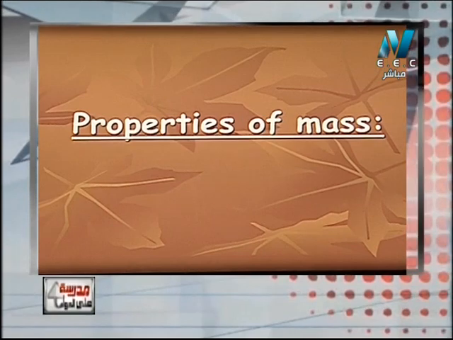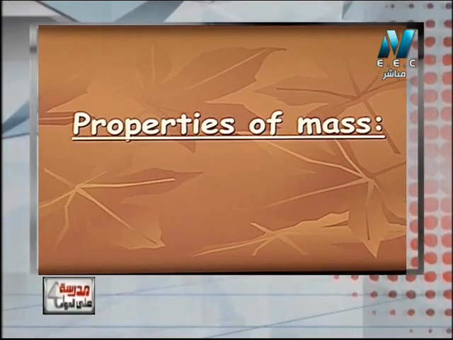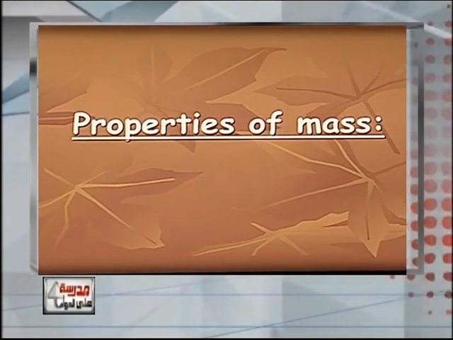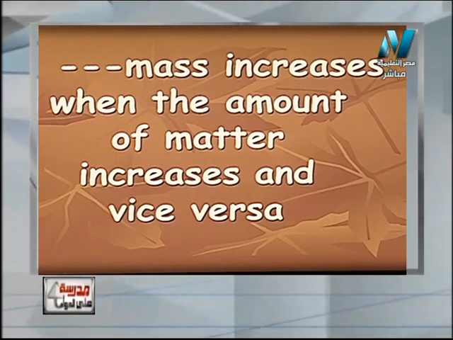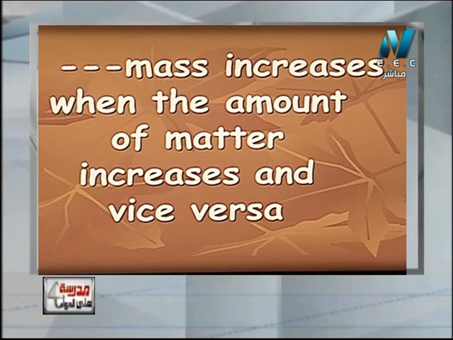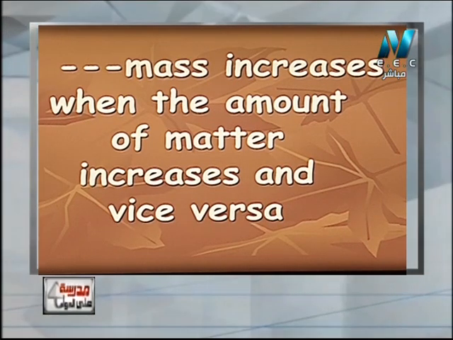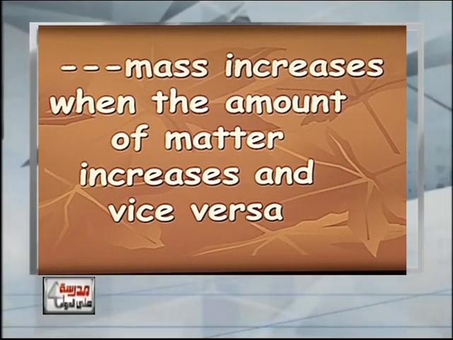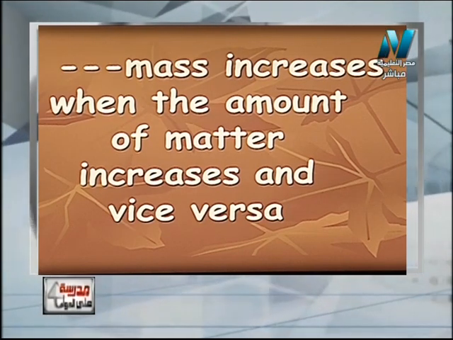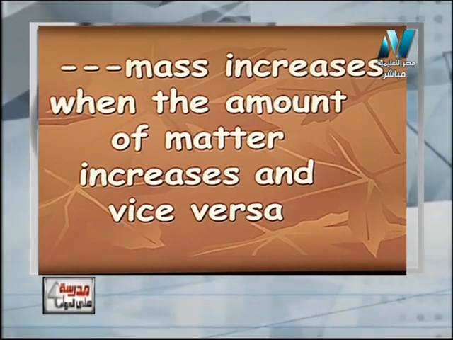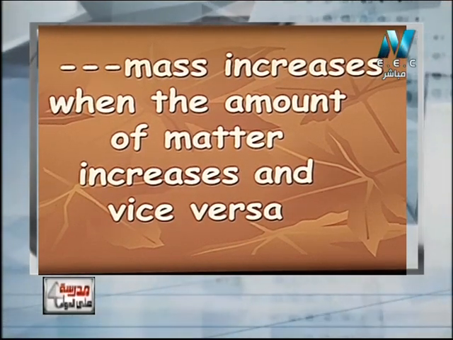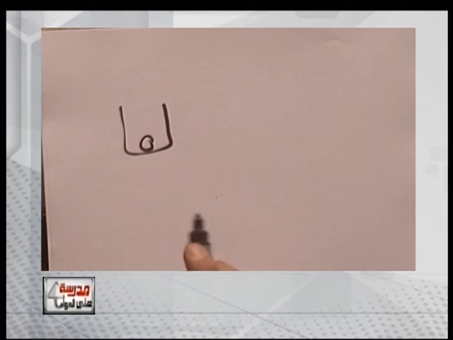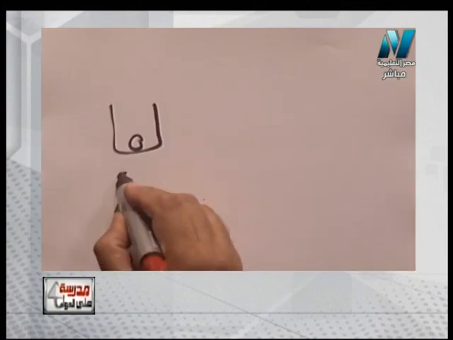Another important point in today's lesson is the properties of mass. Number one, mass increases when the amount of matter increases and vice versa. For example, if you have a bag and you put one marble in this bag, for example this marble equals 5 gram.